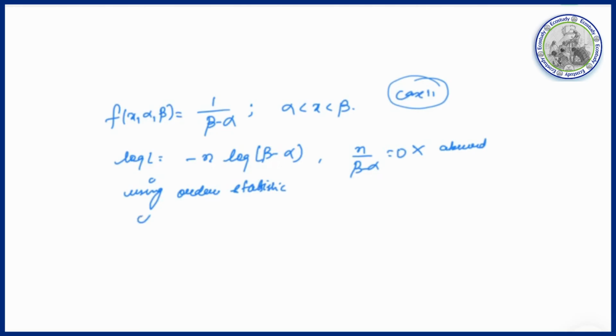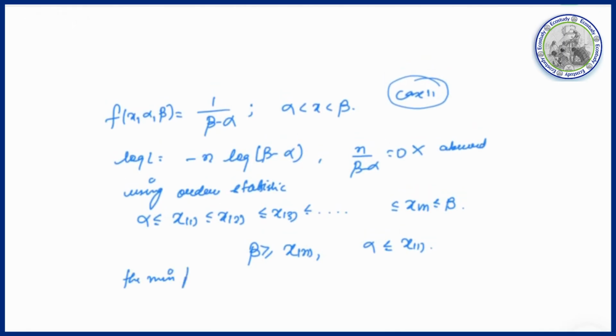Now, alpha ≤ x1 ≤ x2 ≤ x3 ≤ ... ≤ xn ≤ beta. Thus beta is greater than xn and alpha is less than x1.